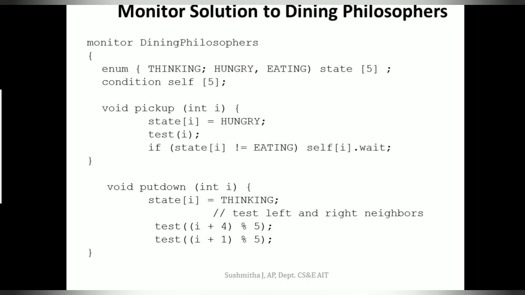Monitor solution to the dining philosopher problem. Before I look into the algorithm of the dining philosopher problem by monitor, which is also deadlock free, let us take a quick recap of what a monitor is. Monitor is one of the ways to achieve process synchronization effectively. It has a collection of condition variables, and the condition variables can perform two operations, that is wait and signal.